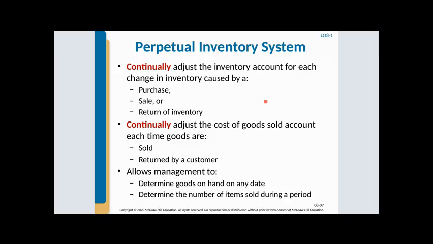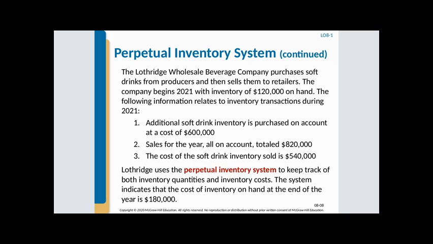This is the one that keeps track of inventory continuously, so that we know our level of inventory at any time. Okay, so we can access the computer system. We can look at our inventory system, whether we need to reorder that or not. So it's like on time, right?